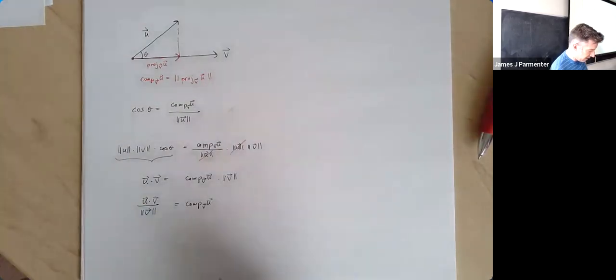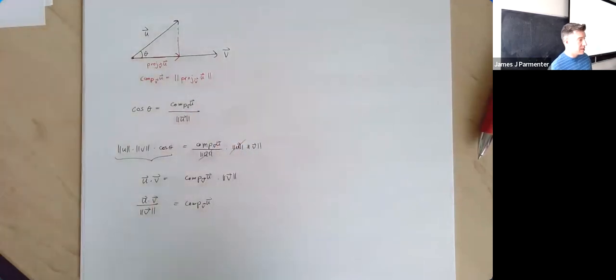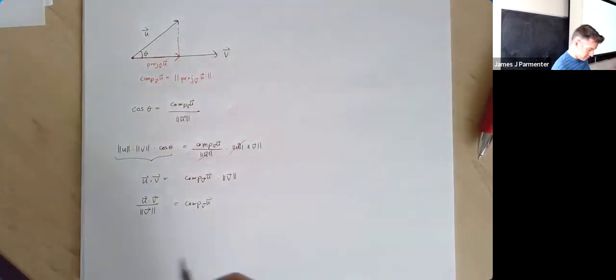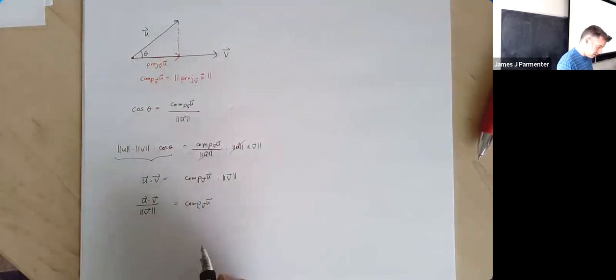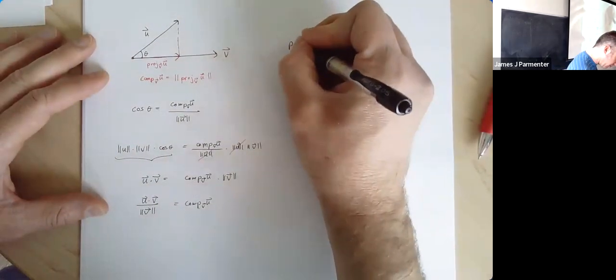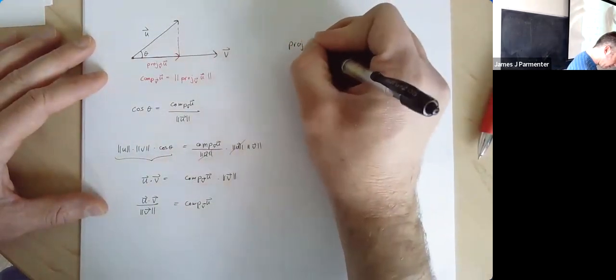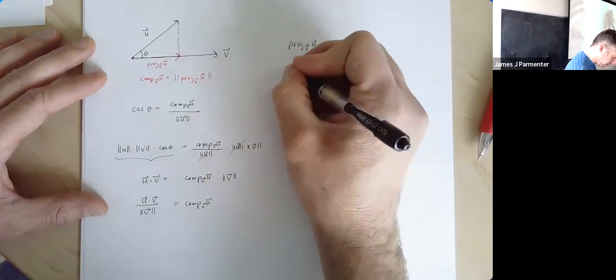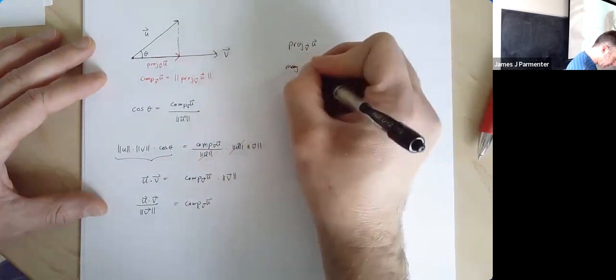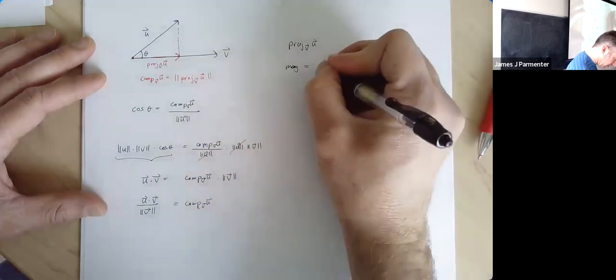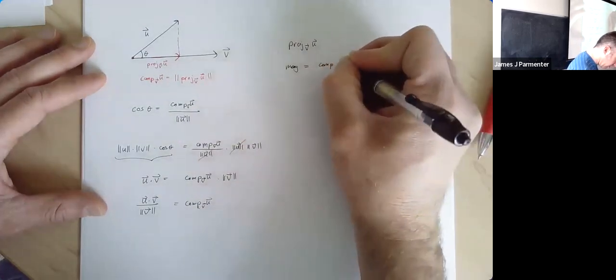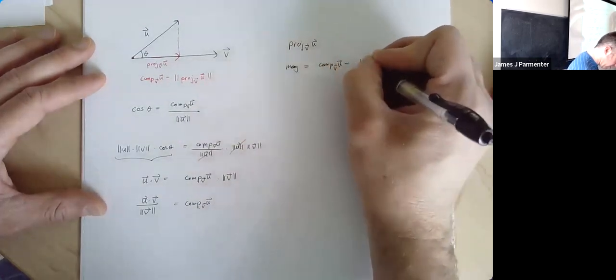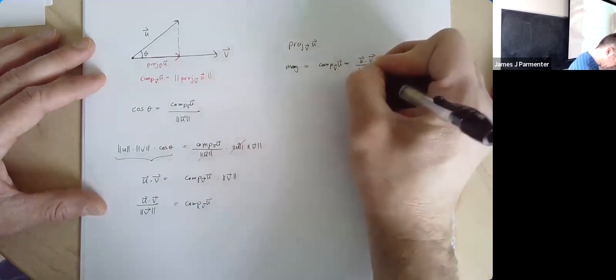And then to find the actual vector, here's where we're going to use the idea that a vector is a length times a direction. So this projection's length, or magnitude, is equal to the component of u onto v, which is just u dot v over the magnitude of v.